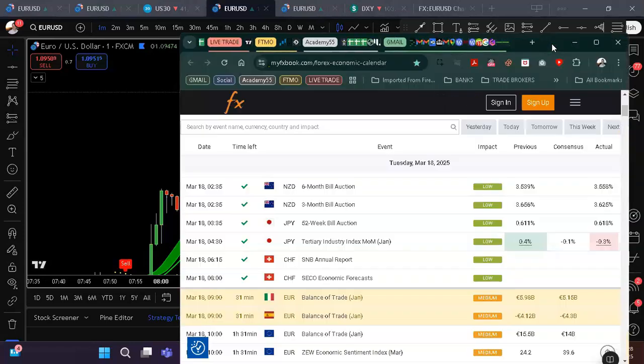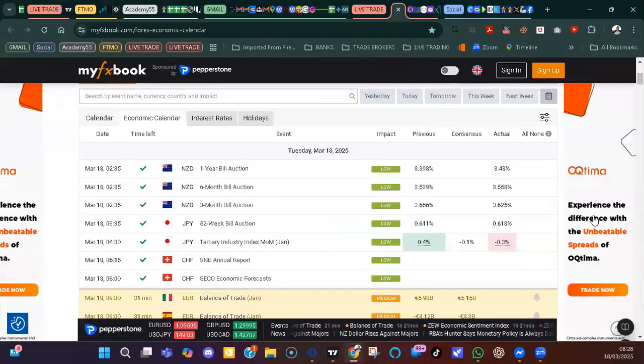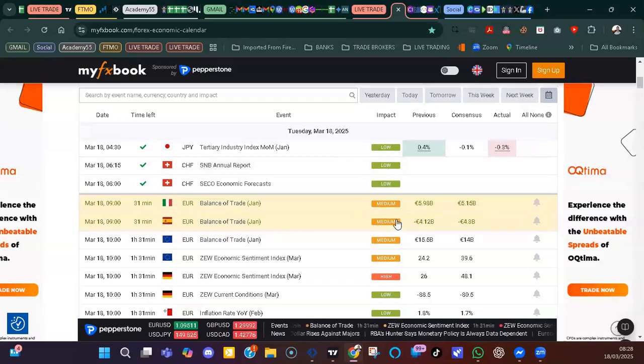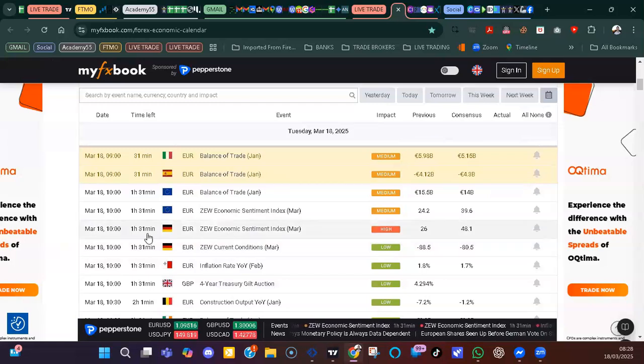So I'll just bring in my FX book. As you can see, we have red high impact news at 10 o'clock UK time this morning. In another hour and a half's time, German news. So that might move price a few pips one way or the other. But like I said, that's not for another hour and a half.